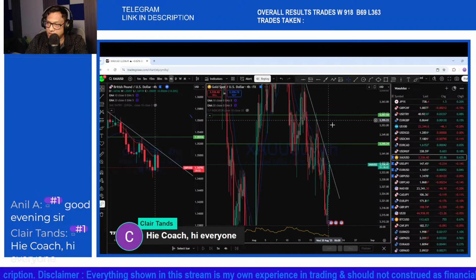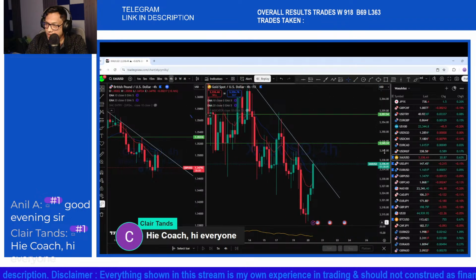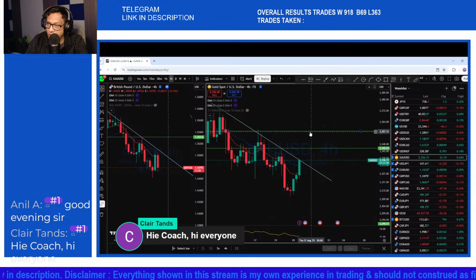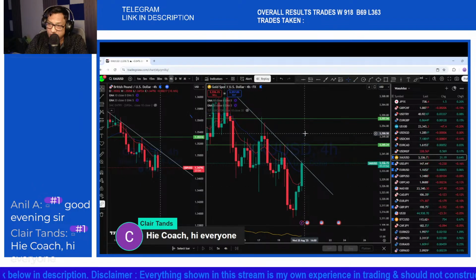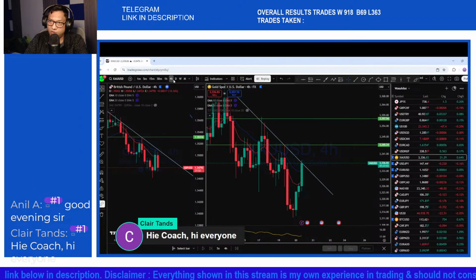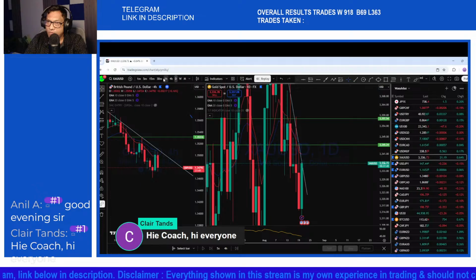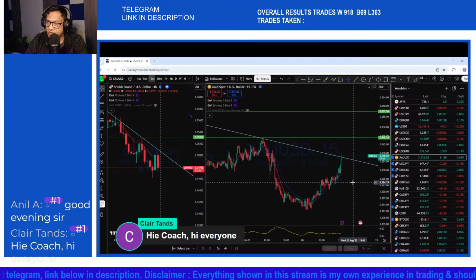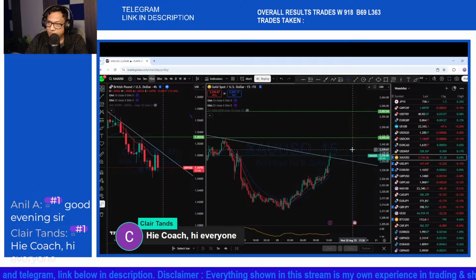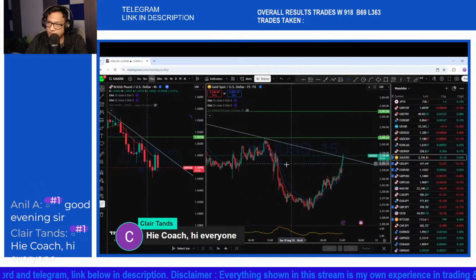If you look here, this is the 4-hour chart, and in this lower time frame, the market is slowly approaching to the upside to this key level. Here is the daily chart, and I'm looking at the 15 minutes, this lower time frame here. This is a previous swing high that the market has reached.